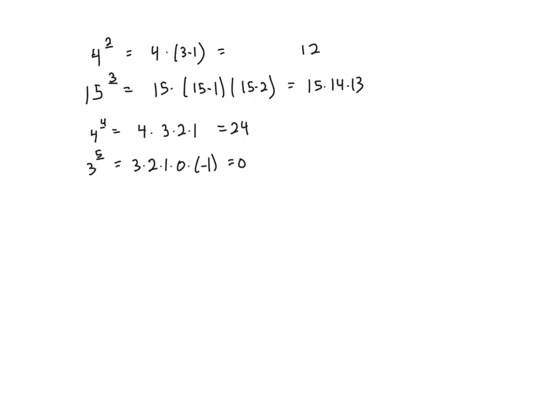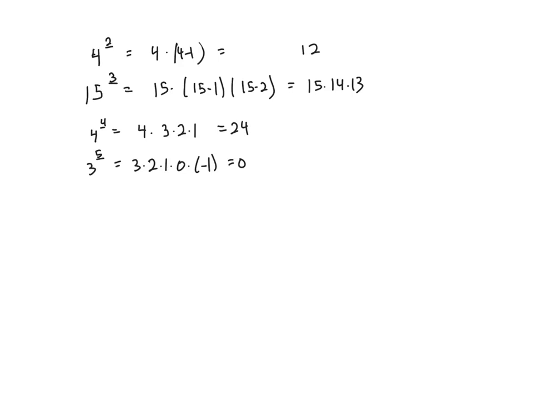So let's do some calculations of these numbers to get used to them. 4 falling 2 is 4 times 3. Of course, there's a typo on the very first calculation, which is just 4 times 3, which is 12. Similarly, 15 falling 3 is 15 times 15 minus 1 times 15 minus 2.